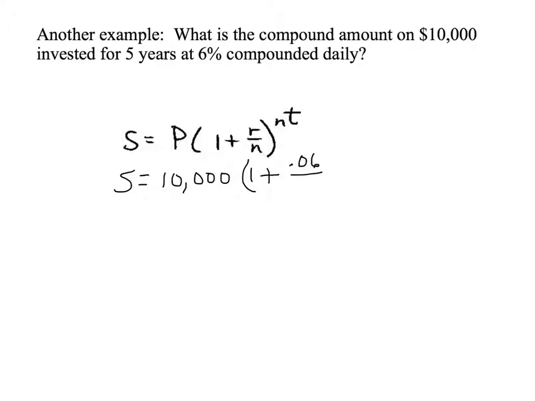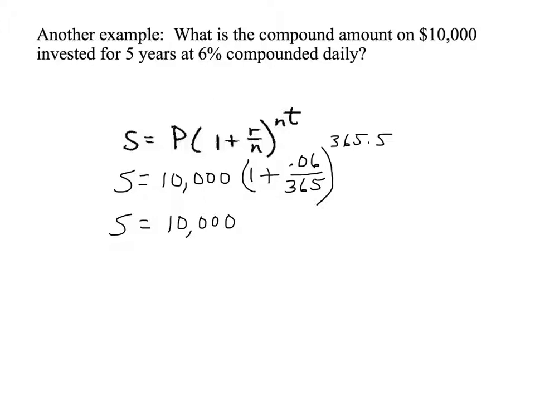And it says it's compounded daily, so we are going to use 365 days in a year for the N, and we need to take that to the NT power, so that's 365 times the time, which is 5 years. Now I'm just going to go through and solve this. So when I go through and solve this now, I have $10,000 times, now that 0.06 divided by 365.